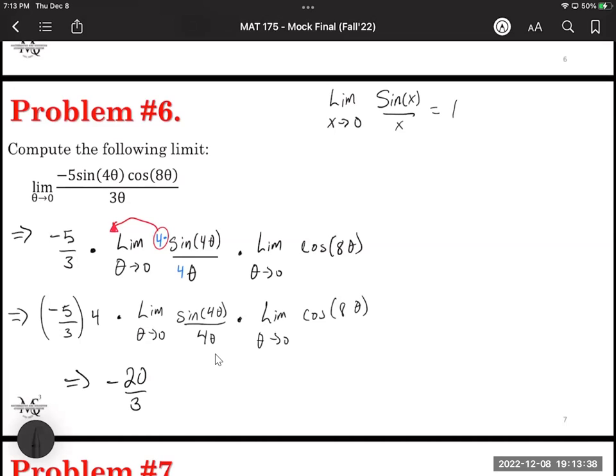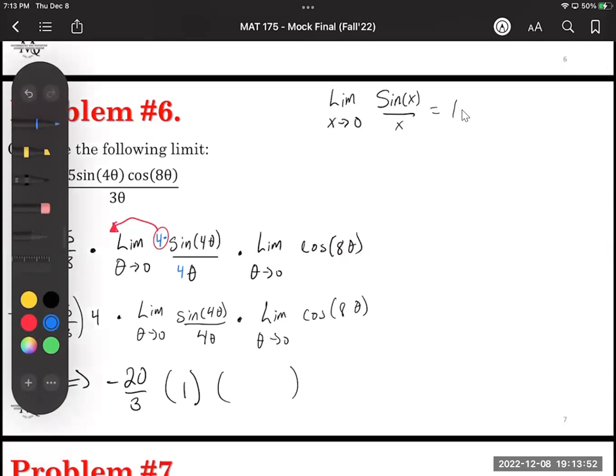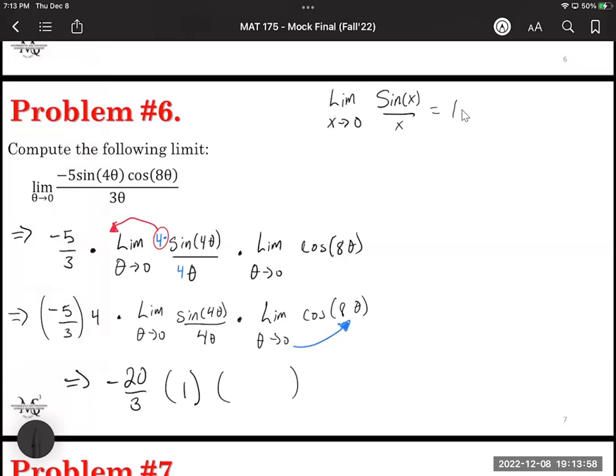In the middle, the limit as theta approaches 0 of sine 4 theta over 4 theta is just a fancy way of saying the number 1. Now the last one, you can use direct substitution here. If I replace theta with 0, what's 8 times 0? 0.